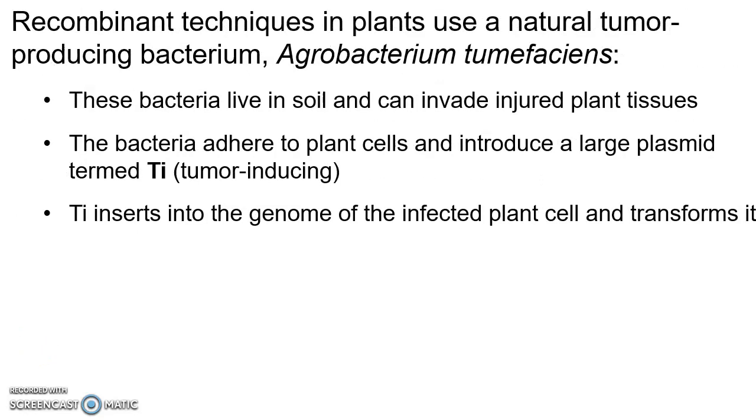Moving on to transgenic plants, or GMO plants. Most of the recombinant techniques used in plants are based on a tumor-producing bacterium called Agrobacterium tumefaciens. These bacteria naturally live in the soil, and when plant tissues are injured, they invade those tissues and adhere to plant cells and introduce a large plasmid called Ti, aka tumor-inducing.